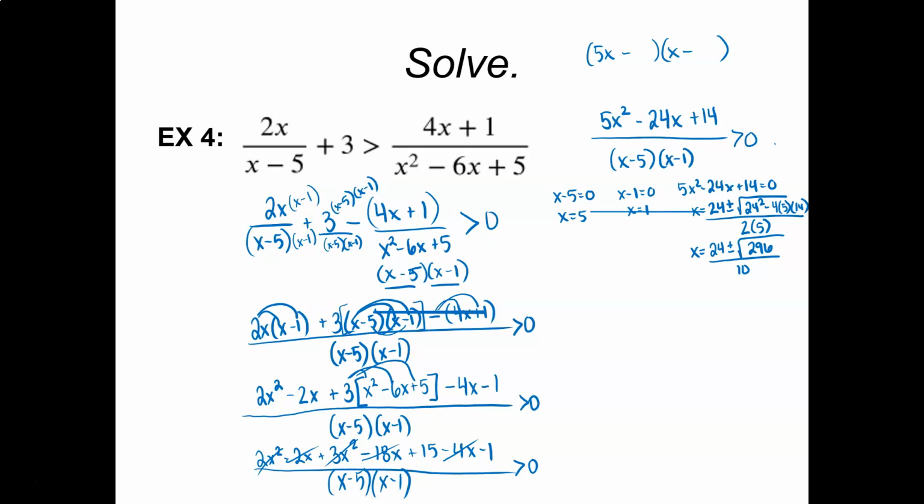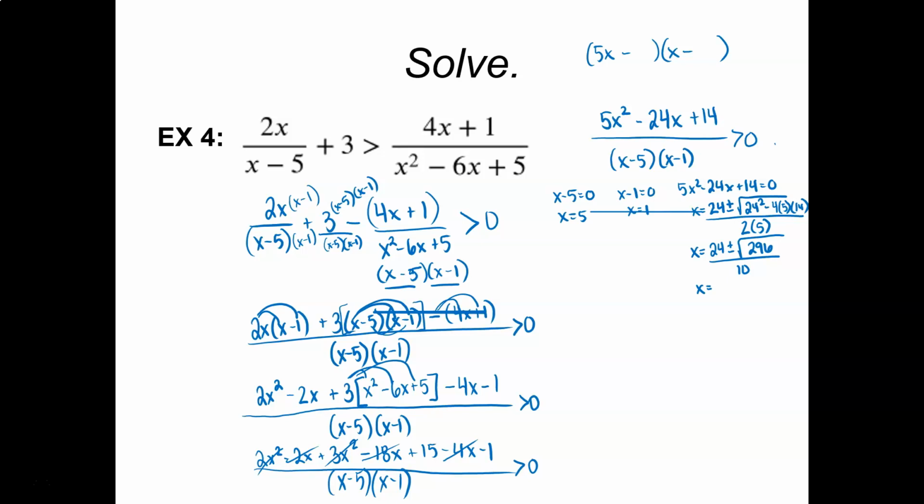Now, we could break that down and simplify it, but because I need to make a number line, and if I get something like 7 plus or minus the square root of 31 over 10, that's not going to be very easy to figure out where it lies. Let's just go ahead and get a decimal for this, because we're already outside of the realm of what I'm probably going to give you anyway.